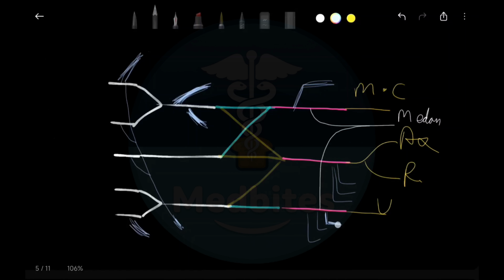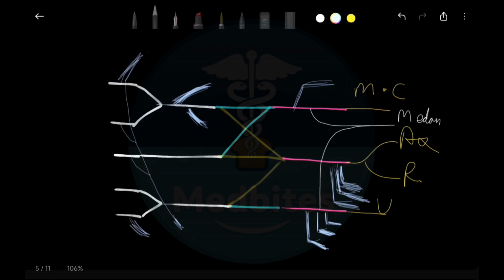One here is the medial pectoral nerve. This is the medial cutaneous nerve supplying the forearm. This is the medial cutaneous nerve supplying the arm. This is the upper subscapular nerve. This is the lower subscapular nerve, and this one is the thoracodorsal nerve.